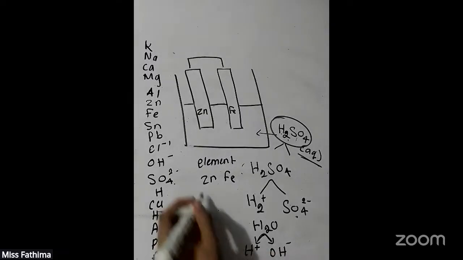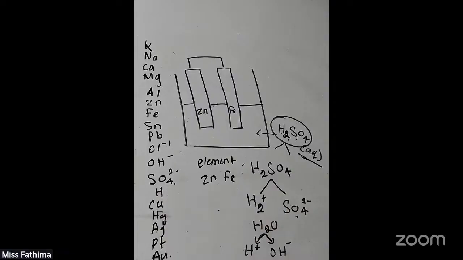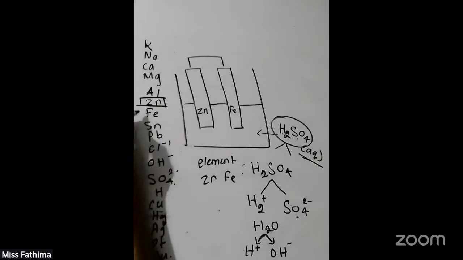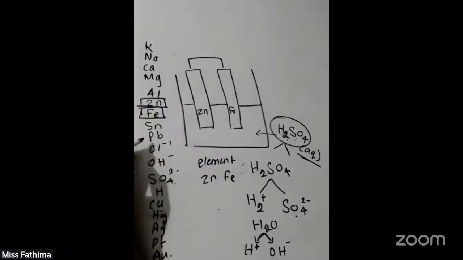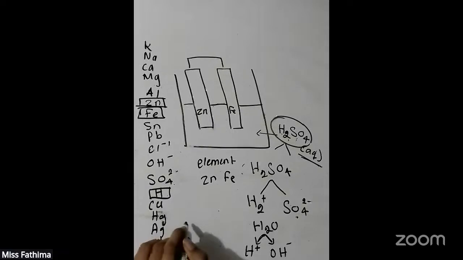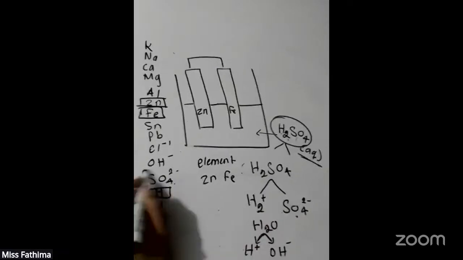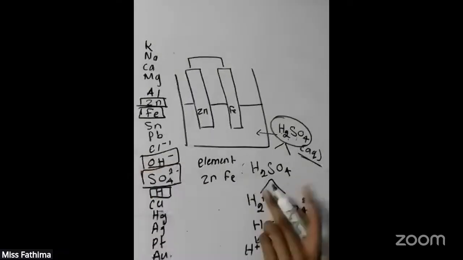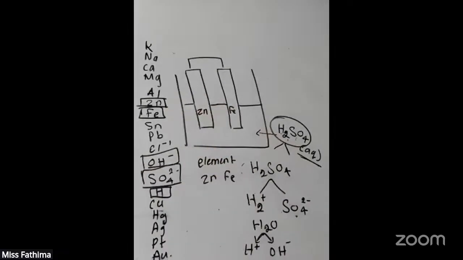Now you mark all the elements and the ions you got from this setup in the reactivity series. Where do you have zinc? Here is the zinc. Then you have iron. Then what else do you have? You have hydrogen ion. Then you have SO4 2 minus, sulfate. Then you have OH. Now, out of the boxed elements, can you all tell me which is above?